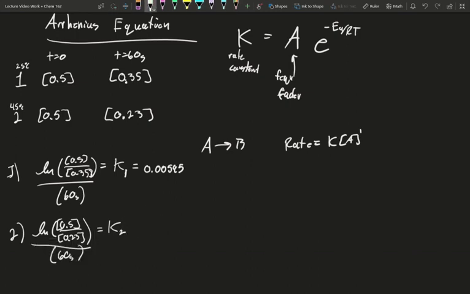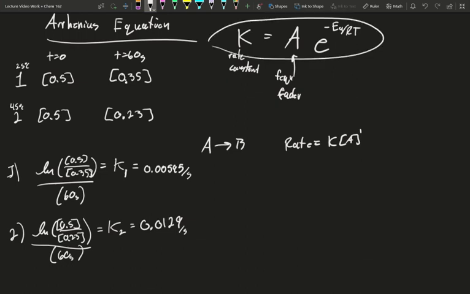I'll have a larger number when I do this division because the bottom was smaller this time. And so the value divided by 60 is just going to come out a little bit bigger. And indeed, we find that it's 0.0129, and these would be per second. We can find K values at two different temps.